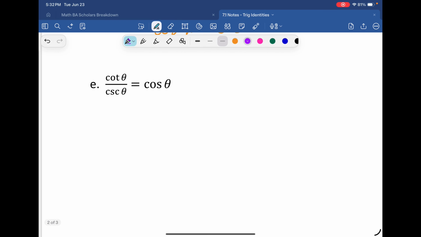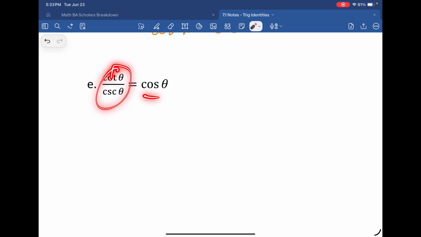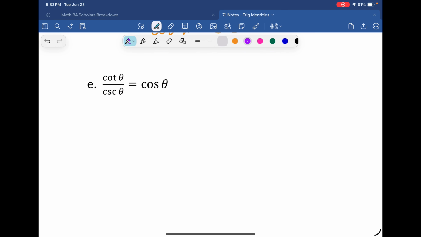Cotangent over cosecant equals cosine. All right, well, obviously we're changing the left side, more complicated, into the right side. So I'm going to change cotangent into cosine over sine, and I'm going to change cosecant into 1 over sine. And again, I want it all to equal cosine theta.